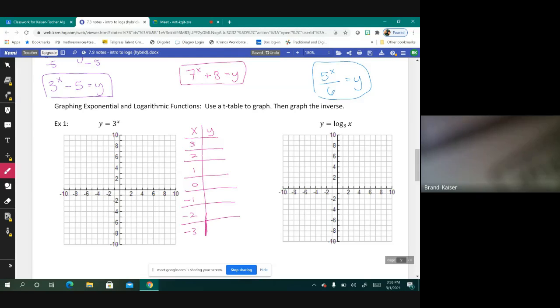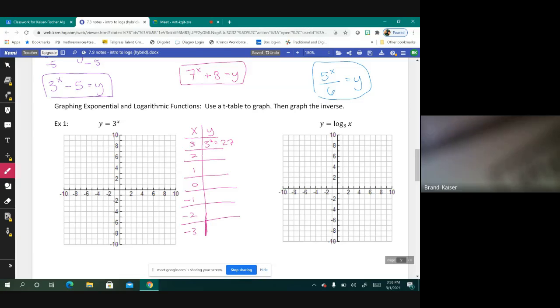So keep in mind you're taking 3 to the power of this number. So 3 to the third power, that would be 27. And again, these positive numbers have negative values also, and that's just where they become a fraction.